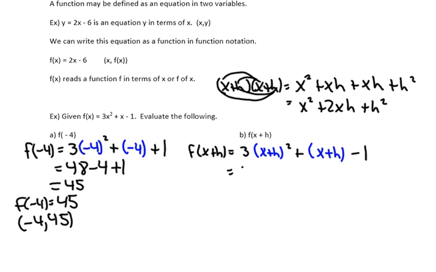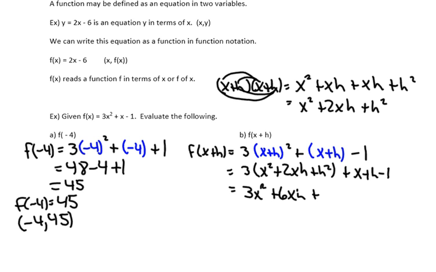So we'll put that below. Now I'm going to distribute 3. Now, notice there are no like terms that I can combine here.